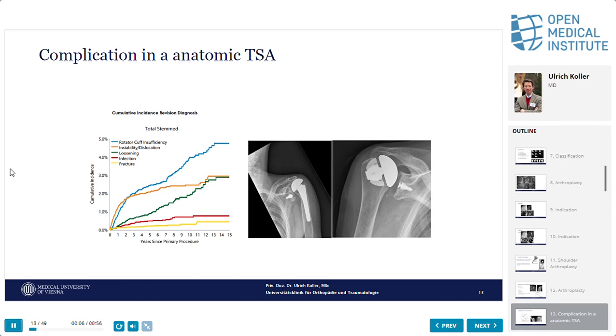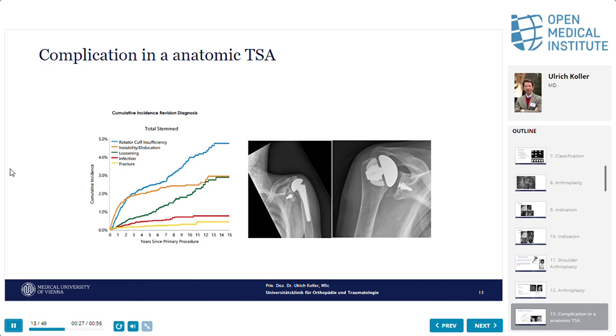The revision cause for the anatomic shoulder prosthesis is the cuff tear arthropathy. It rises, the more years you have it, the more risk you have that you will suffer a cuff tear arthropathy. That's due to the fact that there is metal inside and that it's not that stable like you think. But the second one is instability.